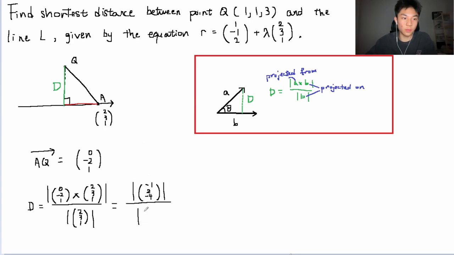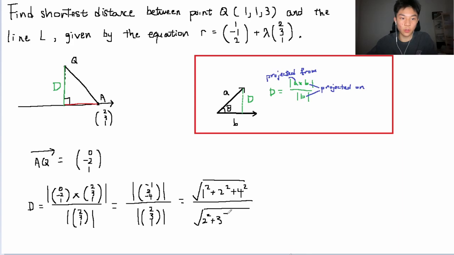At the bottom, it will be the magnitude of (2, 3, 1). So now we can rewrite this as the square root of 1 squared plus 2 squared plus 4 squared, over the square root of 2 squared plus 3 squared plus 1 squared. And if we put this in the calculator, our answer is going to be root 6 over 2.